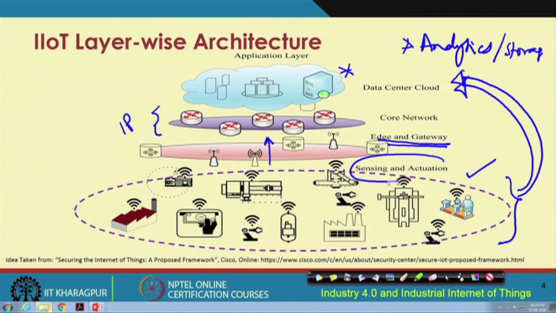So, this sensing and actuation is the most important part behind driving IIoT and the smart manufacturing, smart factory applications.